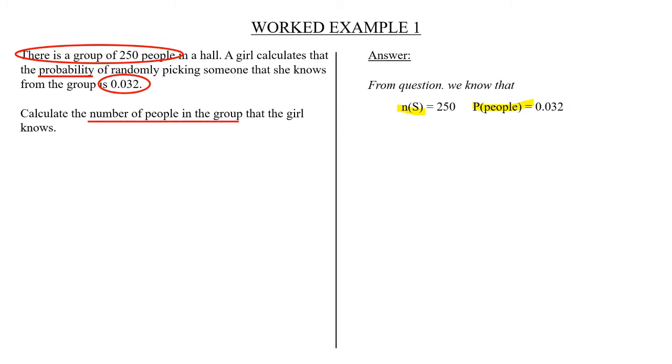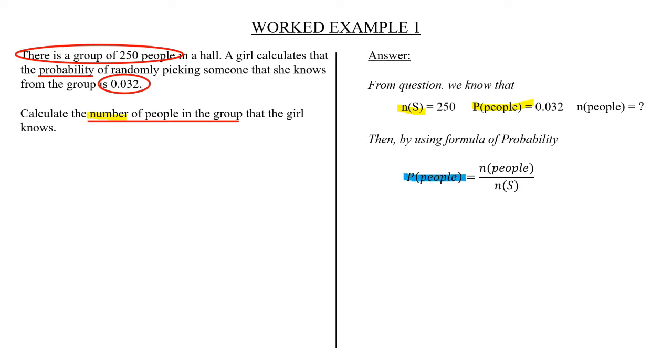And now the question is to find the number, which means N of people is how much. Then by using the formula of probability, we put the value of P of people here and NS here, 250. So now we are going to find the value of this.